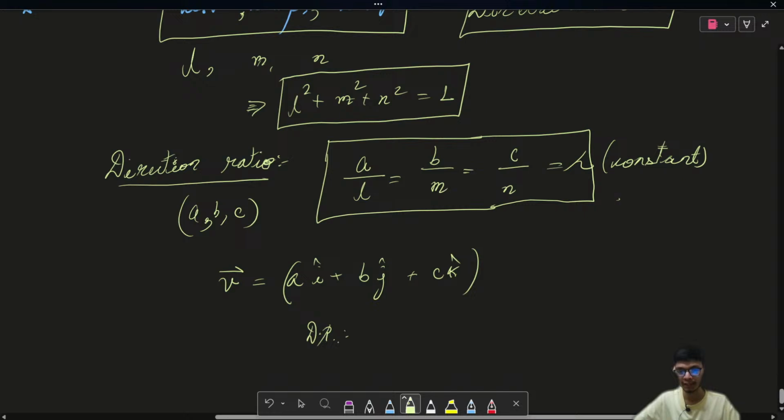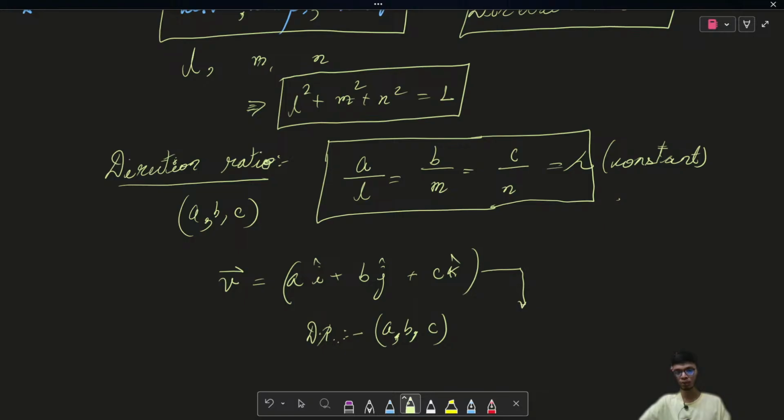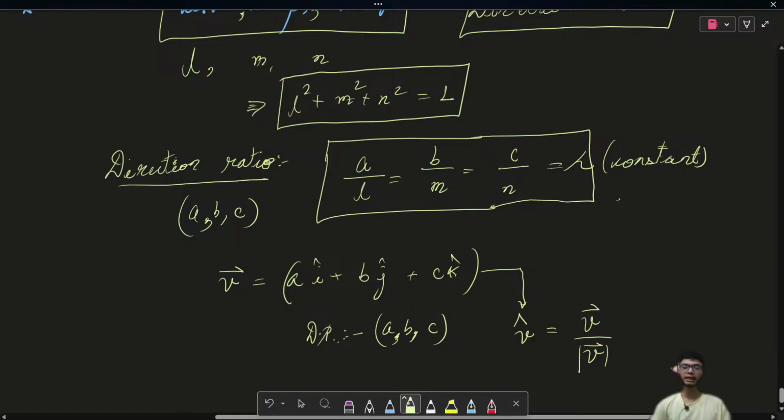So over here, the direction ratios, or dr, will be denoted by a, b, c. But if I need to find the direction cosines, the only thing I need to do is make this a unit vector, by dividing it by the magnitude of that vector.